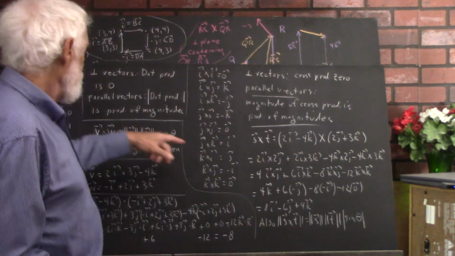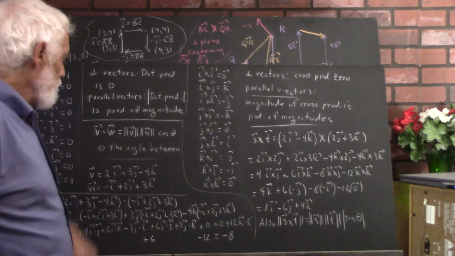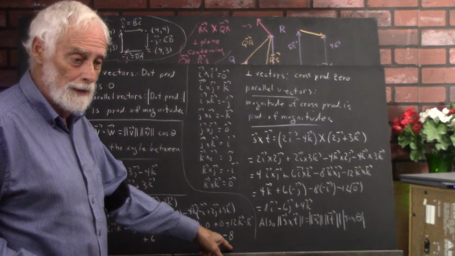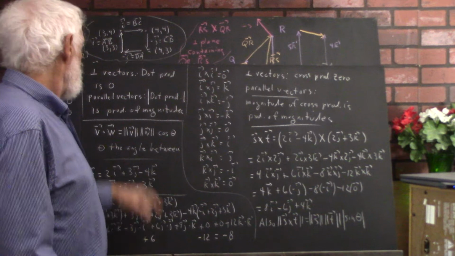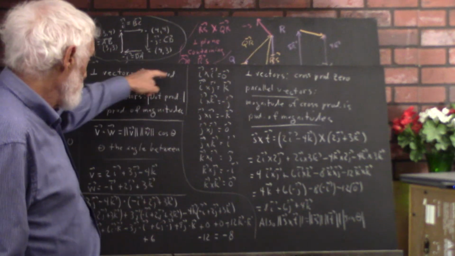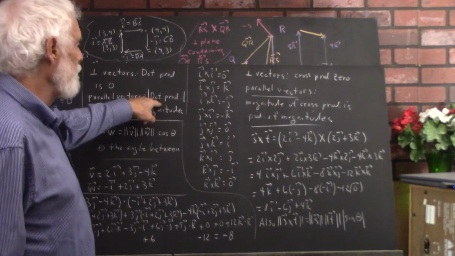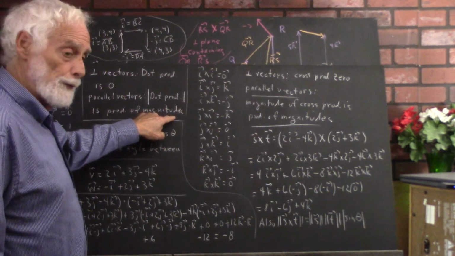Now one little caveat back here. I said the dot product is a product of the magnitudes. Well, no, dot products could be negative as they were here, and that's not a product of two magnitudes because the magnitudes are positive. I put absolute value signs around them to state that the magnitude of the dot product is the product of the magnitudes.